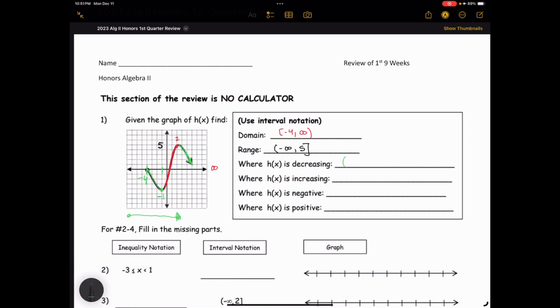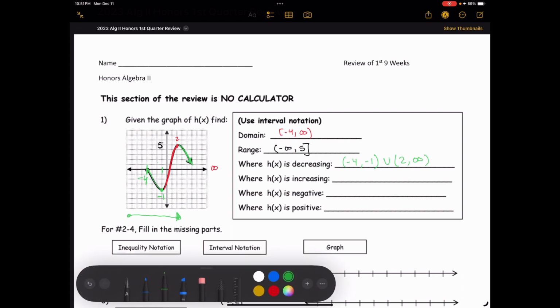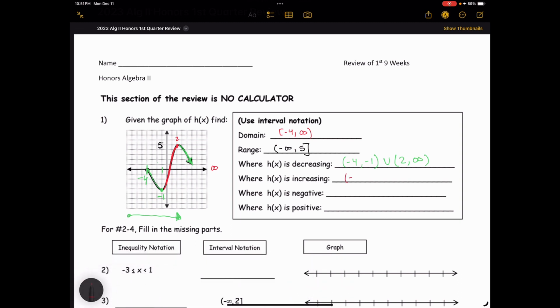It's decreasing from -4 to -1, x equals -4 through x equals -1, union from 2 to infinity. The function's increasing from -1 to 2, the part that's in the middle.